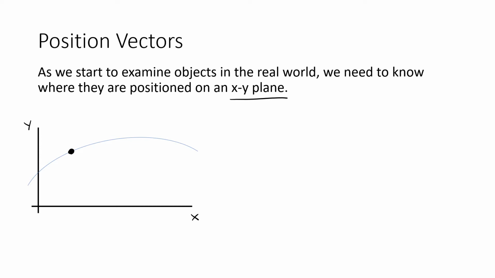We need to find a way to locate that. So on this graph I have here, I'm going to be able to draw this position vector, to find out where exactly this ball is. I'll call that R, and we'll just say R1 in this case.